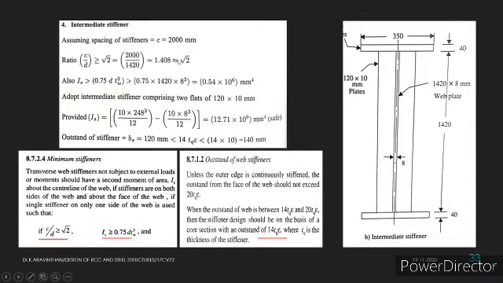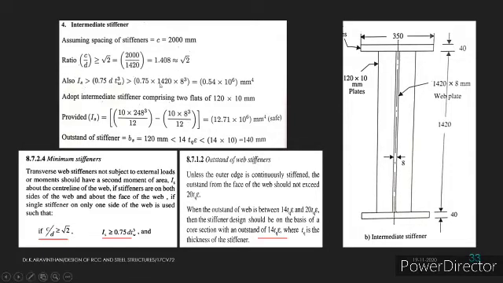First condition is satisfied. For the second condition, the second moment of inertia should be greater than 0.75 depth into thickness of web cube. So let us find this: 0.75 into 1420, which is the depth, into thickness of web, which is 8 cube, that is 0.54 into 10 power 6 mm power 4. So this is our required moment of inertia.